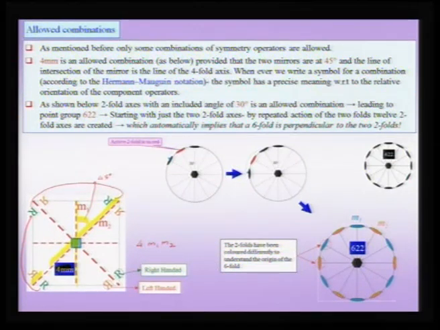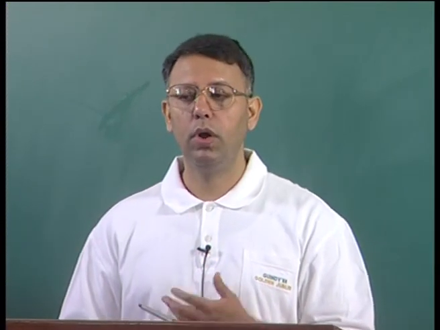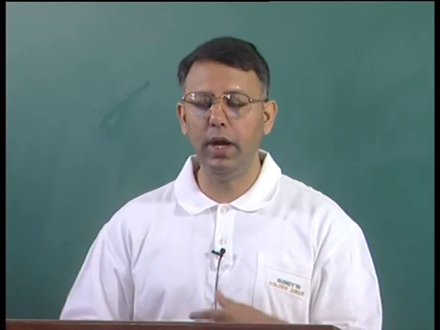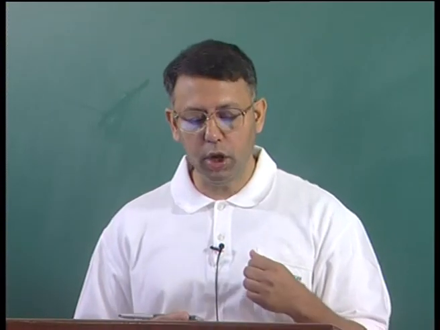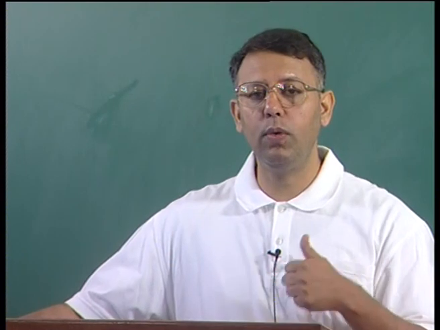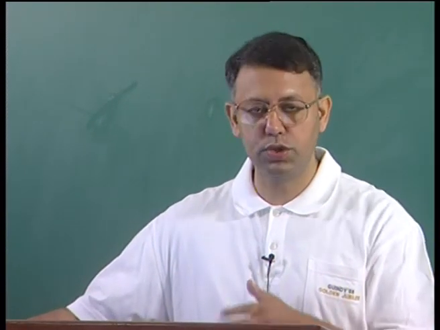But this mirror, for instance, will produce a left-handed R, and this horizontal mirror will take this to this right-handed R. In other words, however many times this 4mm symmetry acts, either individual mirrors or this combination or the fourfold, you will notice that I will end up with 8 objects only. If I start with a point, I will end up with 8 points. Or if I am talking about this right-handed object R, then I will have 4 right-handed objects and 4 left-handed objects, which are shown in orange color.